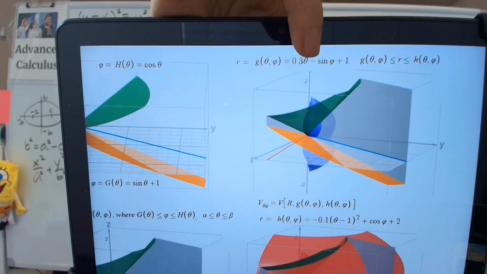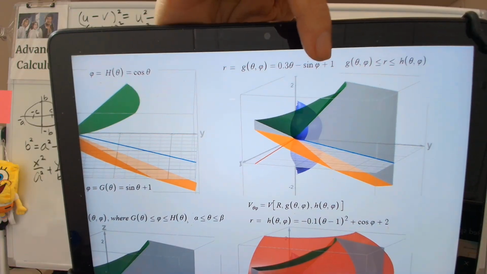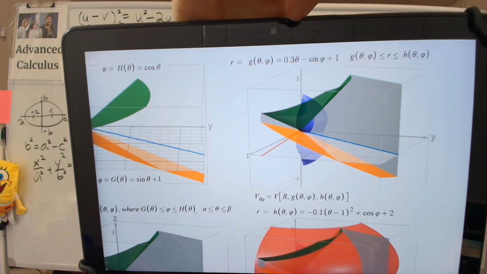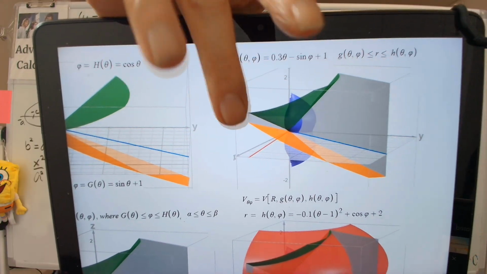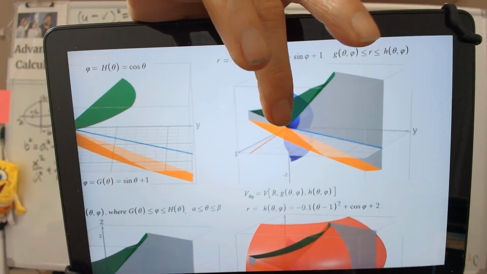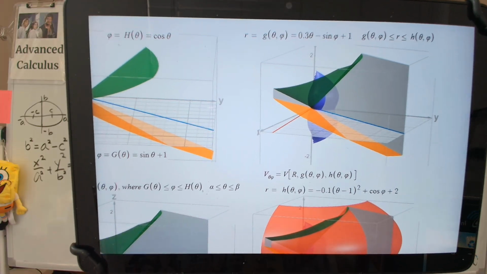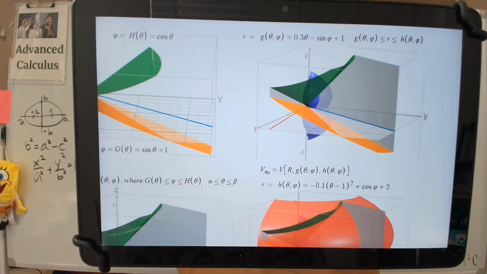I made it up to be this function. It's a function of g, theta, and phi. I made something up here, and it ended up looking like that. That is the small limit. Only the part you see that's actual blue is the only part that matters. The rest is just sticking out. So that's the bottom limit of this region R.